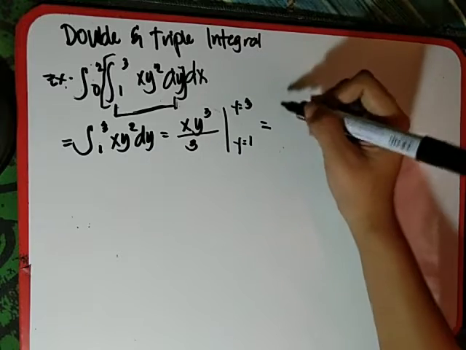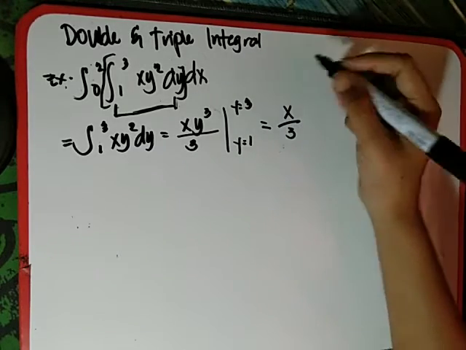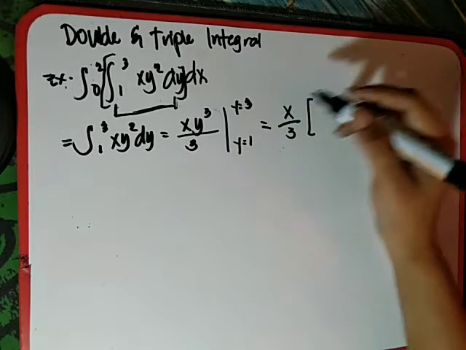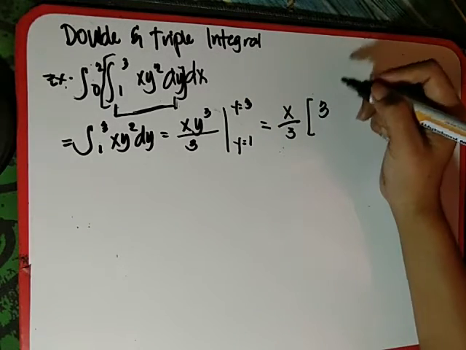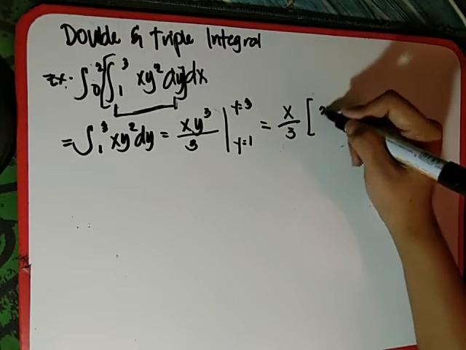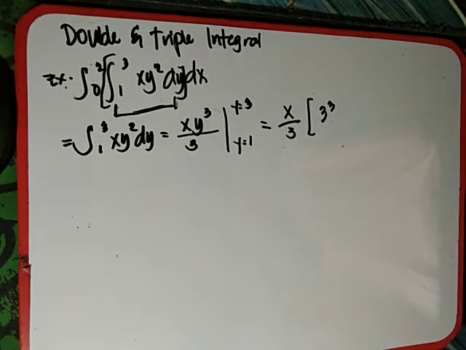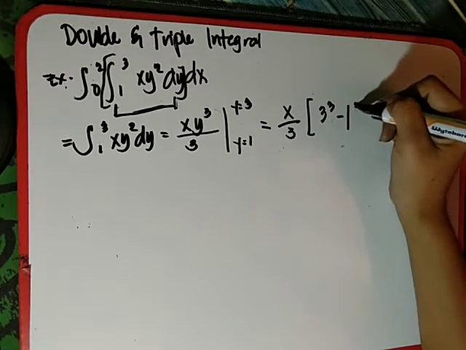So we have x over 3, and then y, we will substitute 3 for y. We have 3 raised to 3 minus 1 raised to 3.